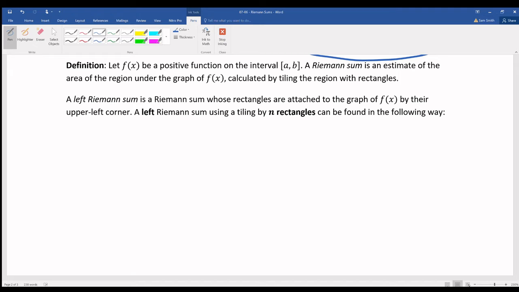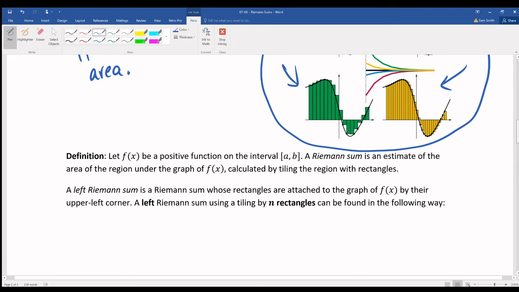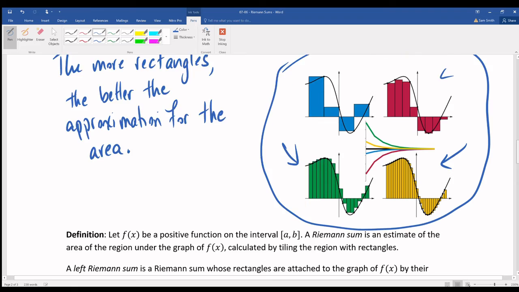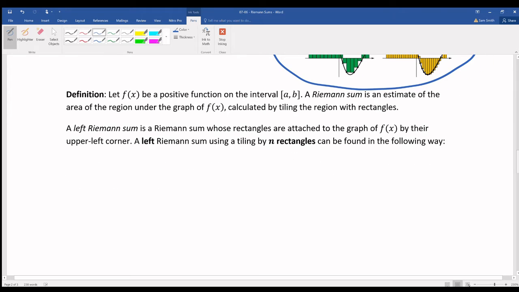In our previous example, our rectangles were attached to the graph on their upper right corner. But you can just as easily attach the rectangles to the graph so that the upper left corner is the one that's attached to the graph. And that would be an example of something called a left Riemann sum.